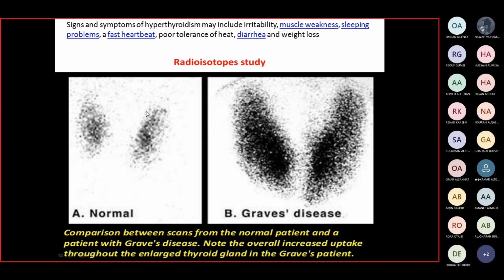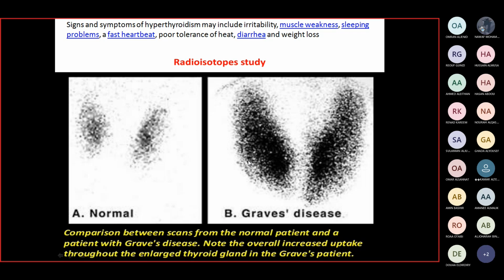But this is also normal uptake of the radioisotope by both lobes of the thyroid gland. But this is a patient presenting with muscle weakness, sleeping problems, and fast heartbeat with poor tolerance of heat, diarrhea and weight loss.